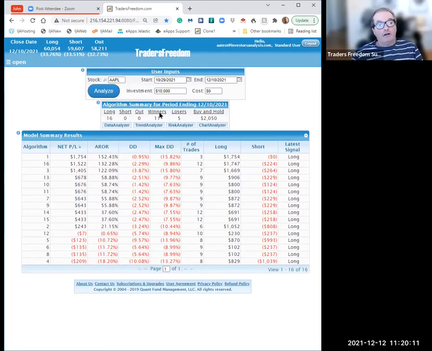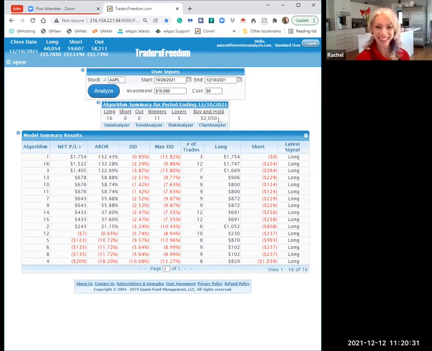The number of winning algorithms are 11 out of 16, so 5 didn't make money. And we can see here that if you just bought Apple stock, $10,000 worth on October 29th, and held it to December the 10th, you would be up 20%, which is a pretty nice run. It's pretty good. Pretty nice.